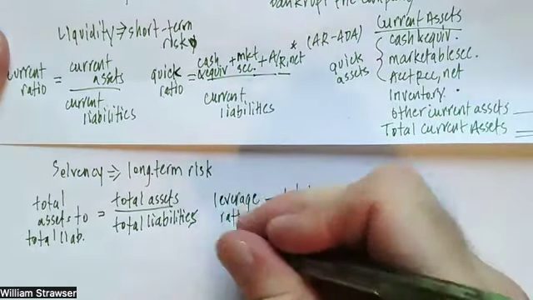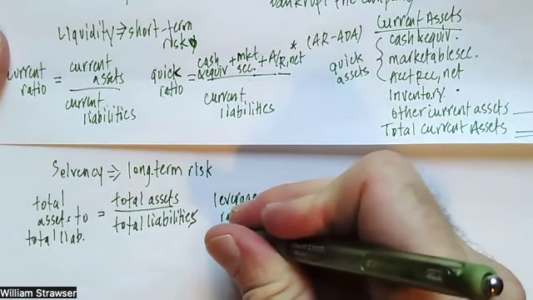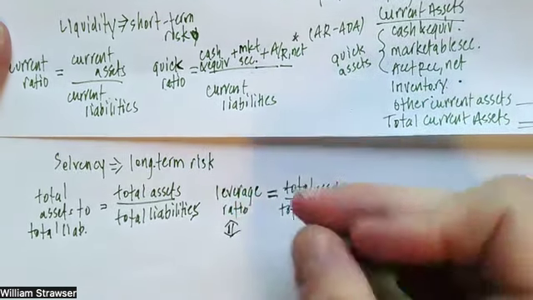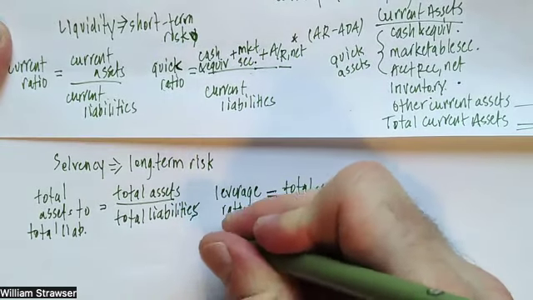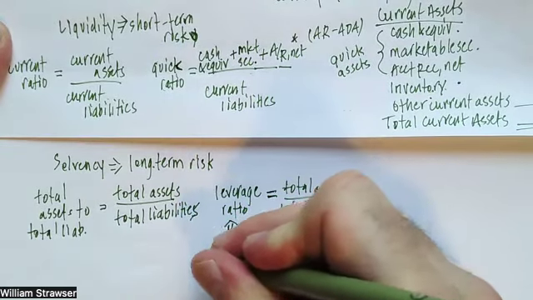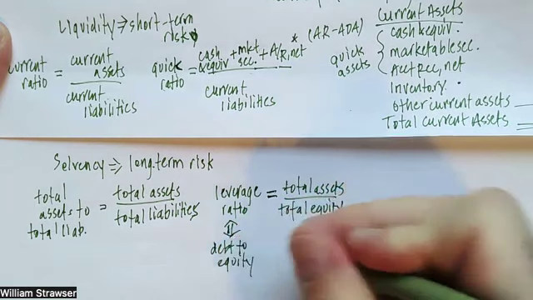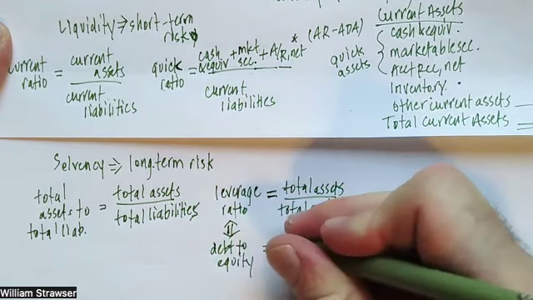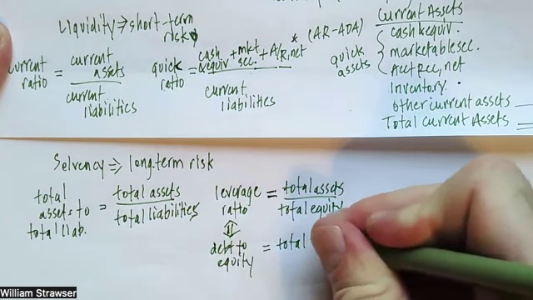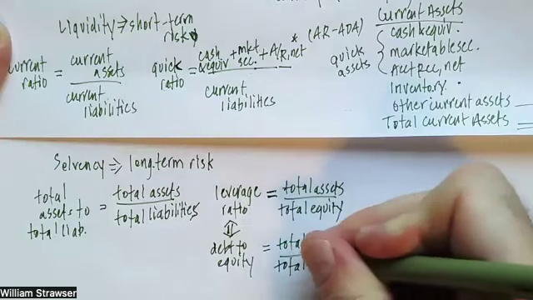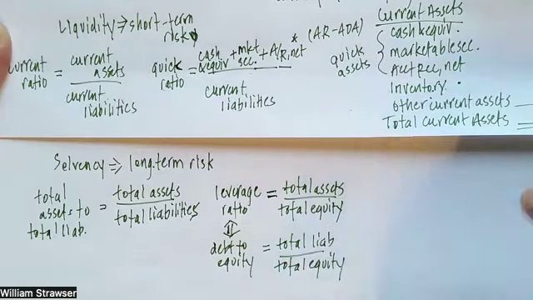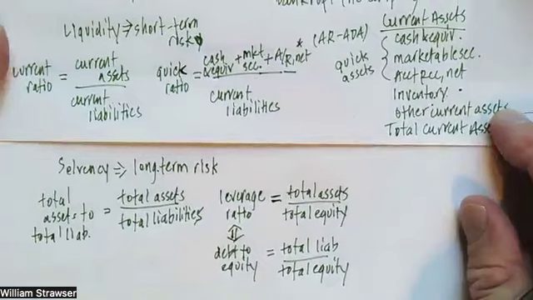Analogs of this one could be, and I think I might cover this in the videos, I forget, you can look at debt to equity, which would be basically total liabilities to total equity. So we got a host of different ratios.